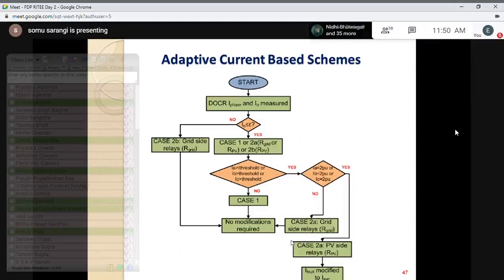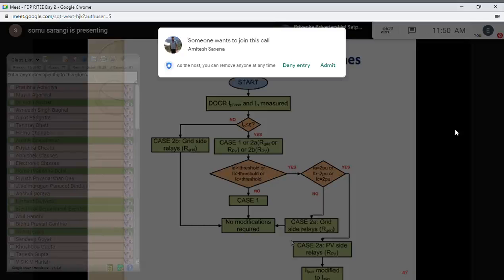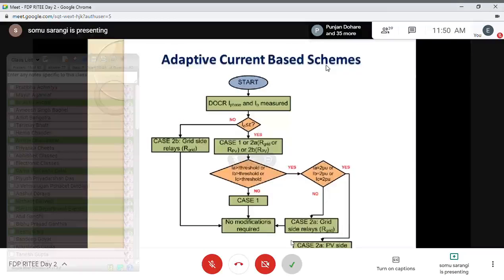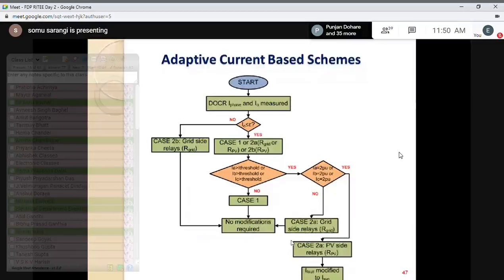To change the setting, we compute the fault current at the PV bus as if a synchronous generator were connected. PV is connected at the bus, but if the PV were not connected and a synchronous generator with that capacity were connected, then what would the fault current be? Using that fault current, we detect the fault in our system.